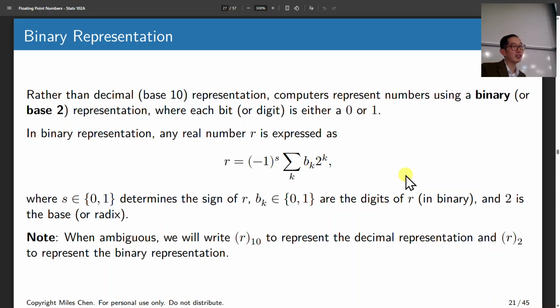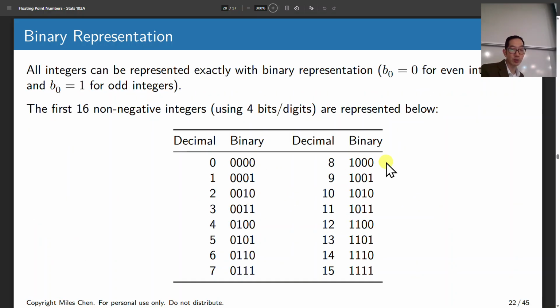Your binary digits can either be a 0 or a 1, and each represents a different power of 2.